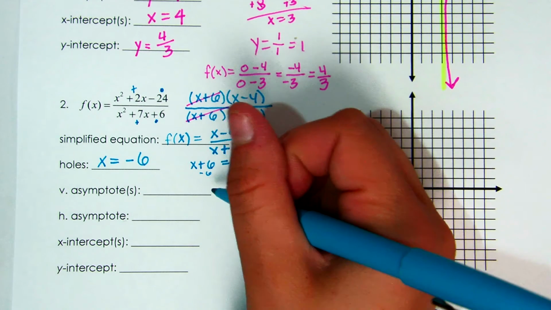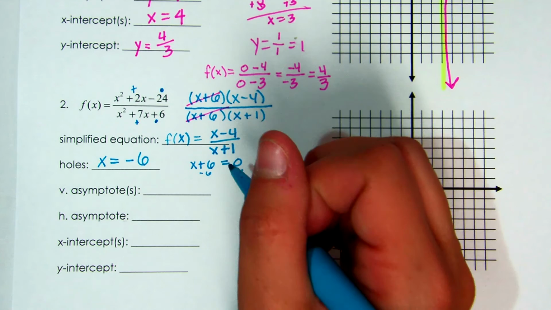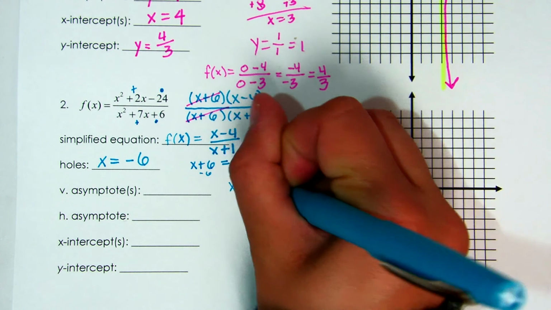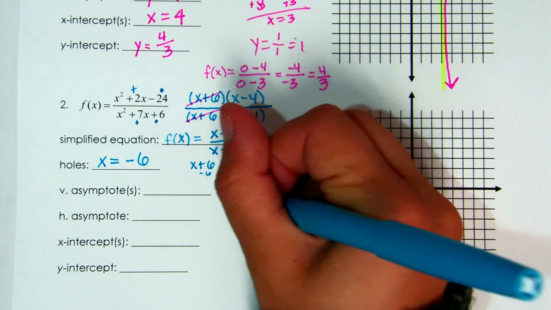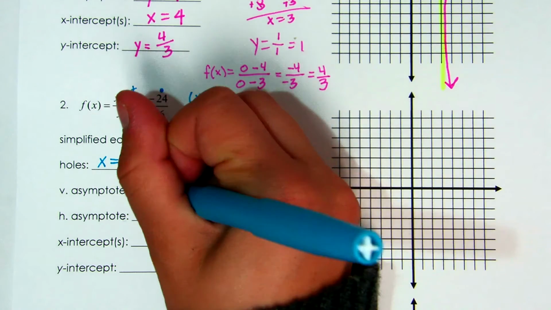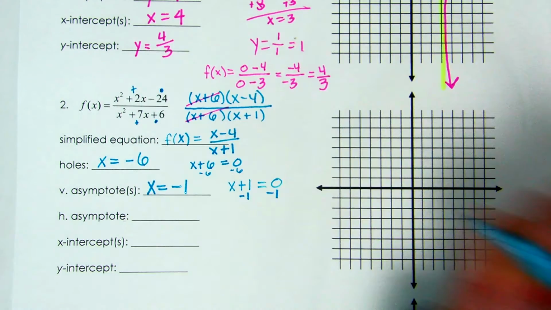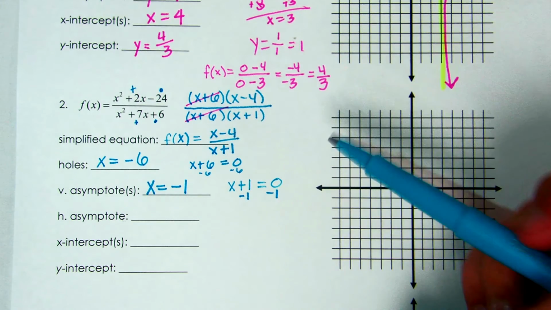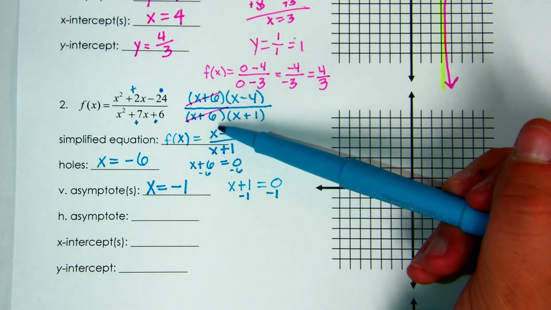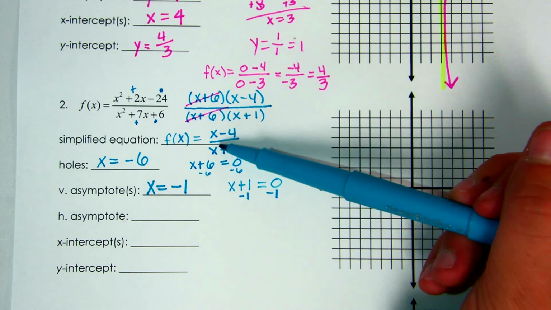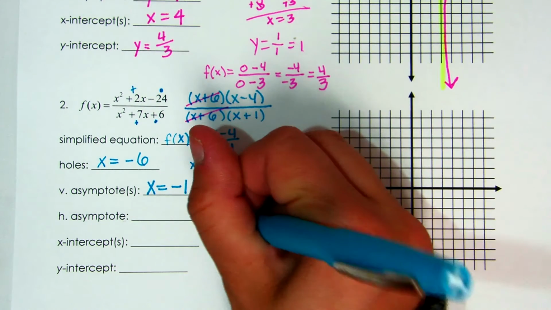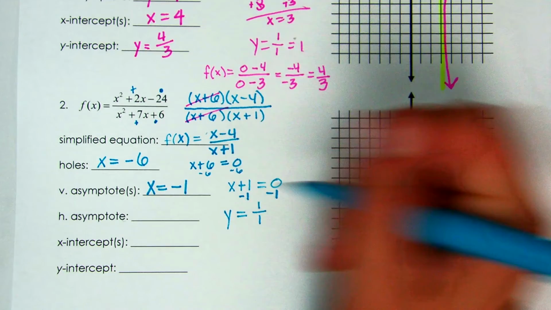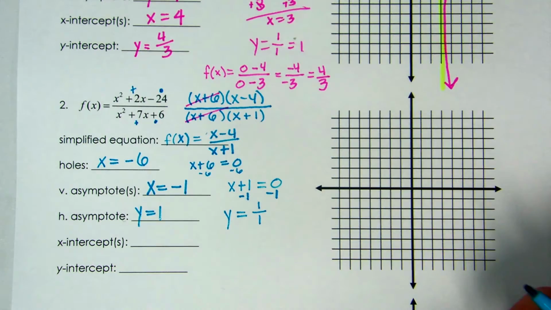Vertical asymptote, take the denominator of the simplified equation, so x plus 1, set it equal to 0, subtract 1 on both sides, so x equals negative 1 is my vertical asymptote. Horizontal asymptote, the exponent on top 1 matches the exponent on bottom 1, so I need to use the numbers in front of the x's. In front of the x is a 1 over a 1, so y equals 1 is my horizontal asymptote.